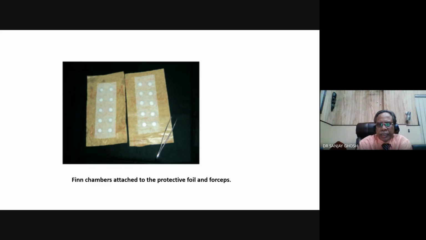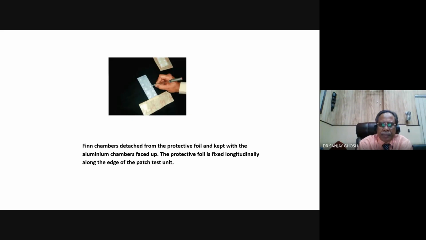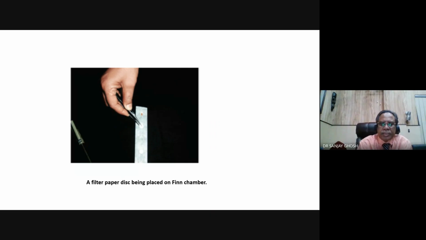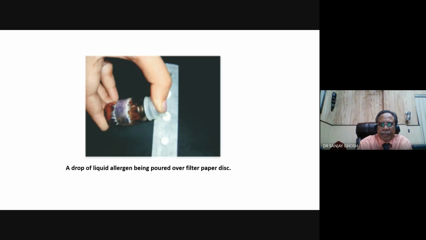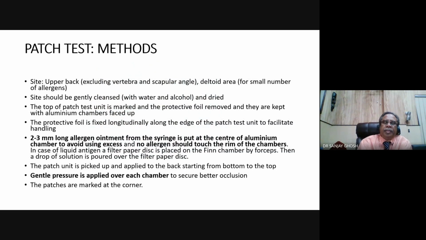And this is a protective foil. This is the marking, the protective foil removed, and this is the actual application. If it is a liquid allergen, you have to use some blotting paper or filter paper for the drop, but be very careful that this allergen should not touch the edge of the Finn chamber, because then you can get edge effect, that is coming later.